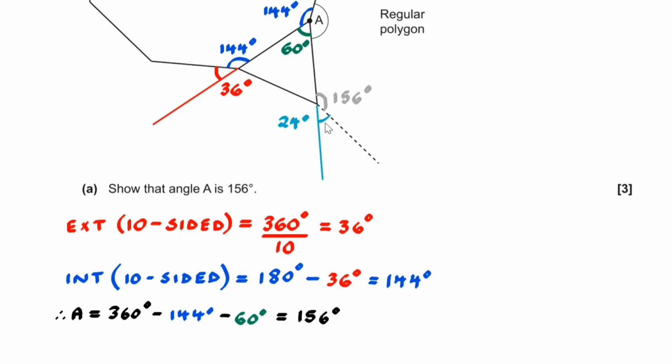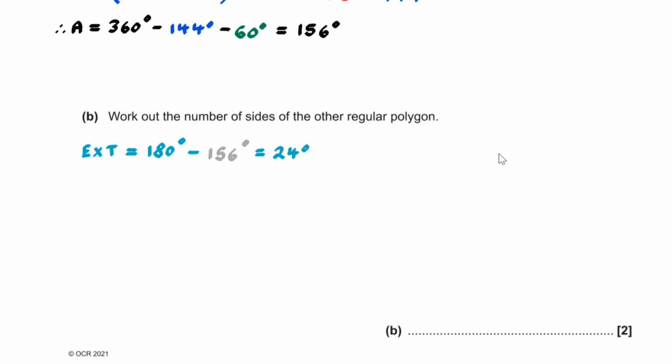So we have 24 degrees for the exterior angle of this regular polygon, and therefore to find out the number of sides, we will call the number of sides n. That is equal to 360 degrees divided by 24 degrees.